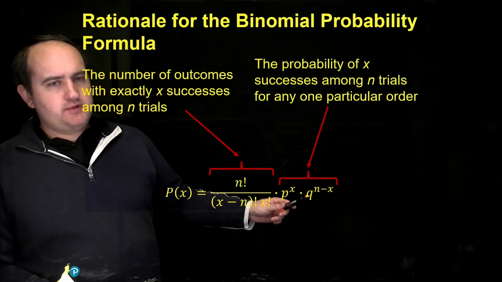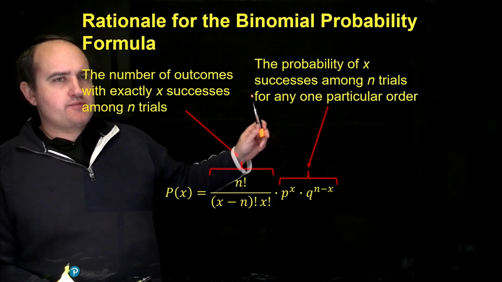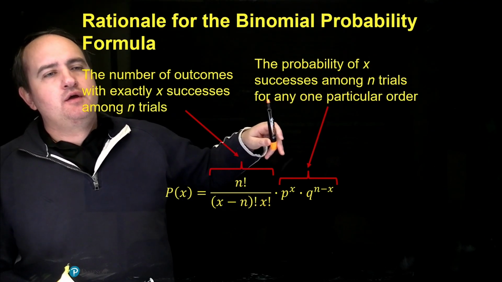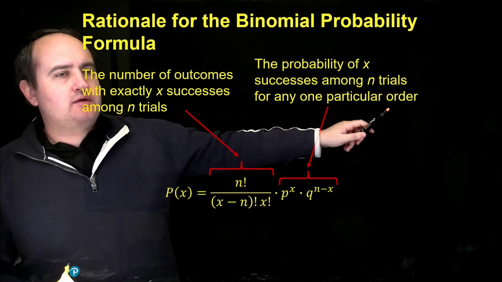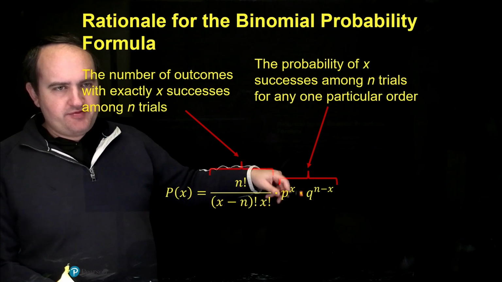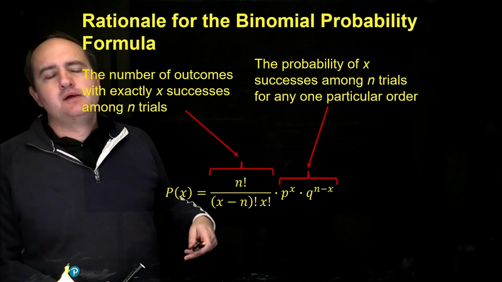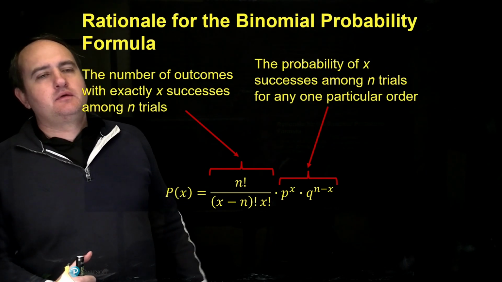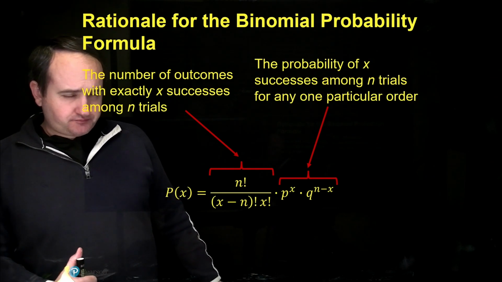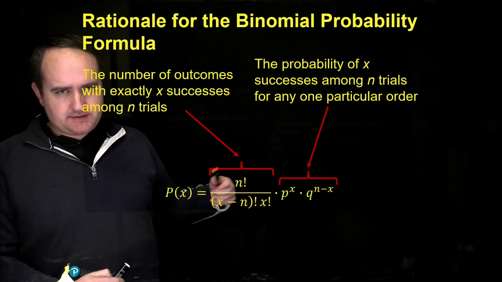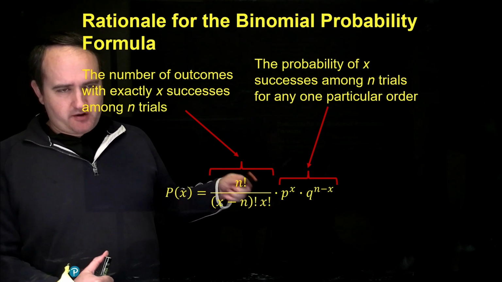Now over here, the rest of the formula is representing the probability of x successes among n trials for any one particular order. So the reason they're multiplying this times that is that together, the order doesn't matter. When you multiply them, the order doesn't matter because of the combinations part of the formula.